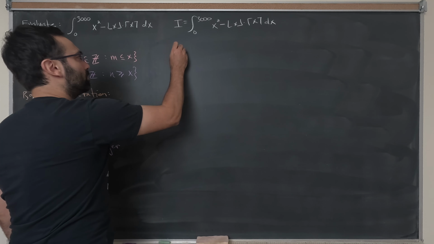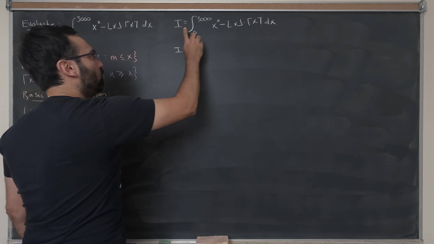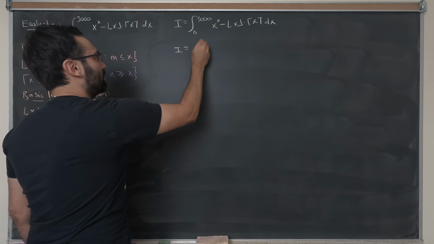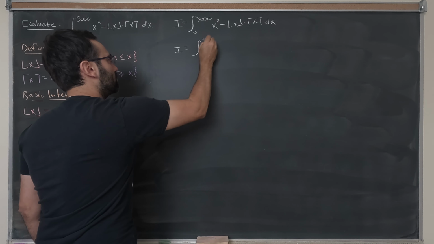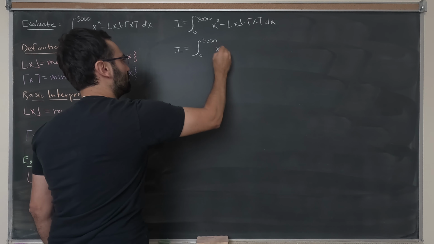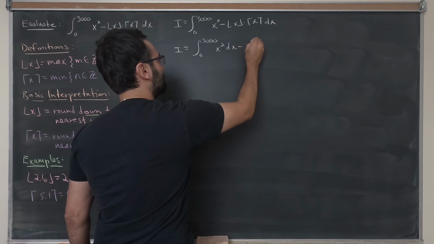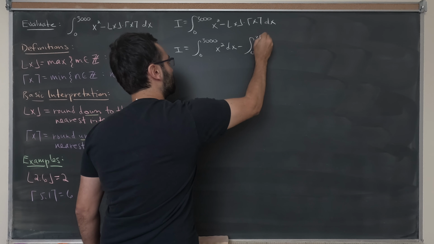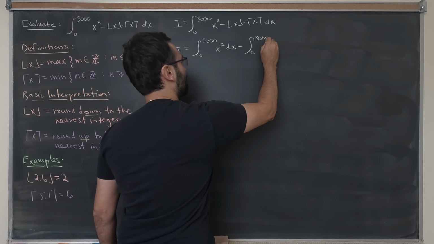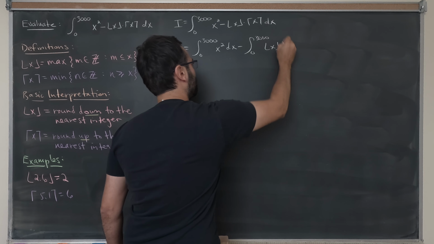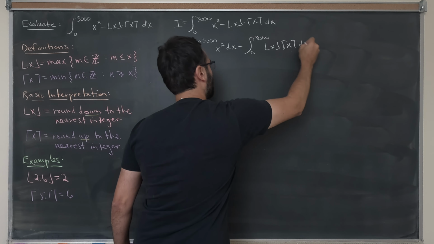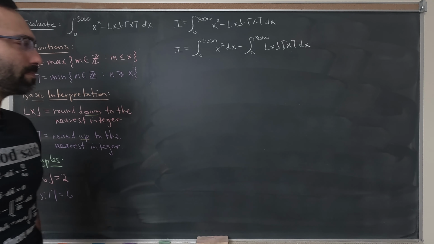Well, first of all, we can split this up as the integral from 0 to 3000 of x squared dx minus the integral from 0 to 3000 of the floor of x times the ceiling of x.